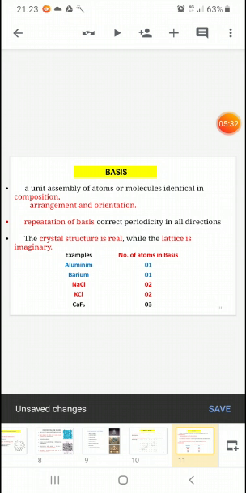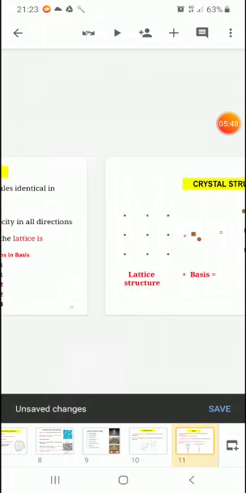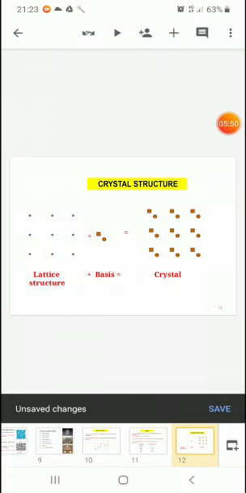Friends, the interesting thing is the crystal structure. Now, what is the combination? Which combination makes the crystal structure? The crystal structure is equal to lattice structure plus basis, or lattice plus basis is equal to crystal structure.